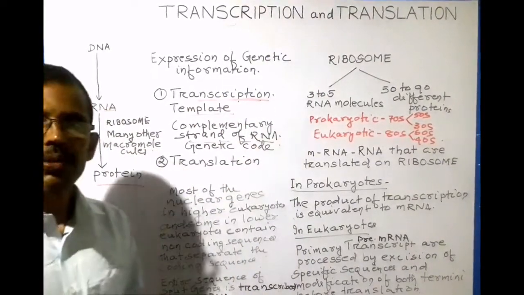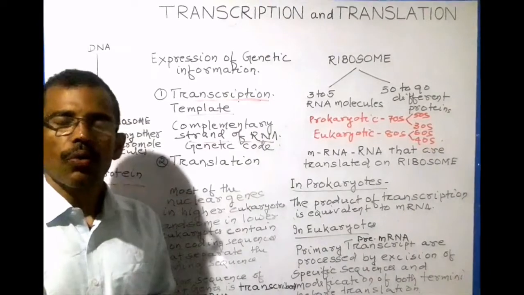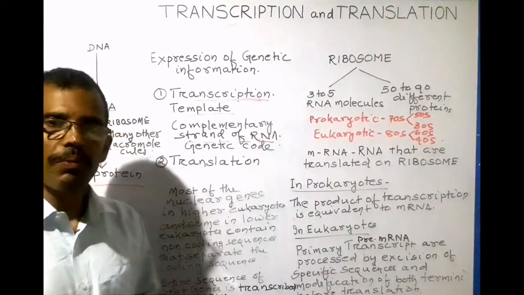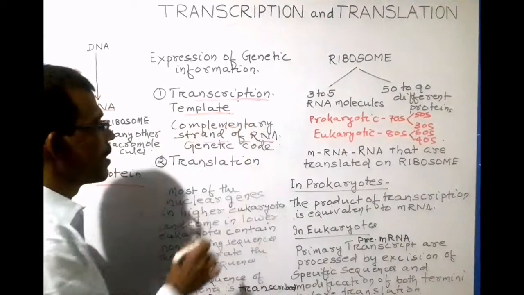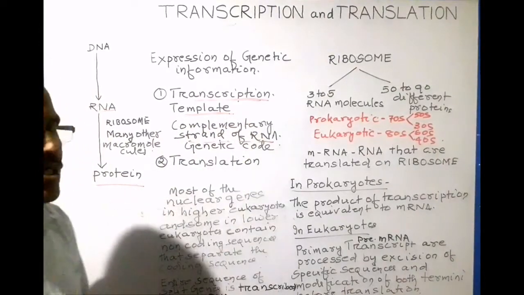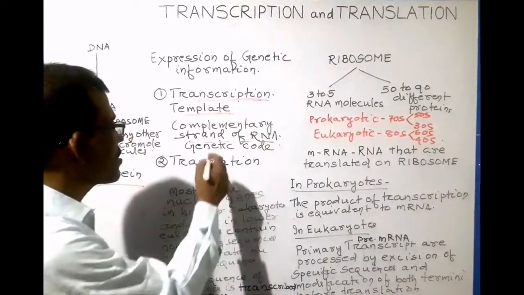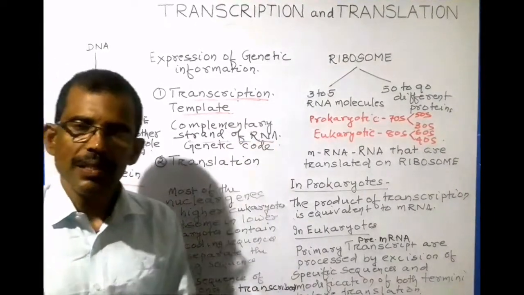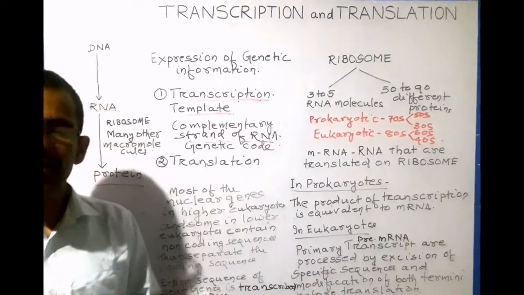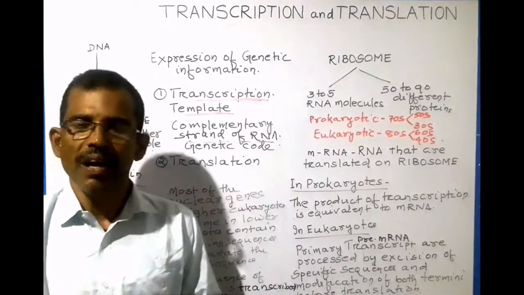Transcription is a biological process in which only one strand of a double-stranded DNA molecule is used as a template for the synthesis of a complementary strand of RNA. In the process of transcription, only one strand is used as a template strand.